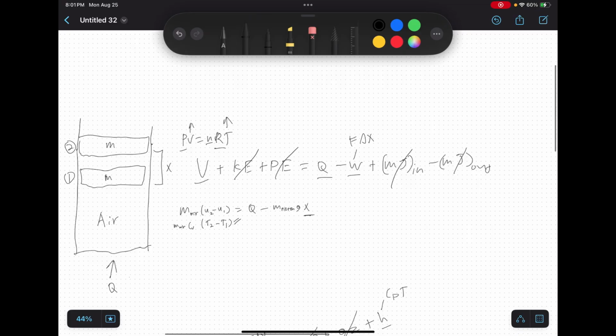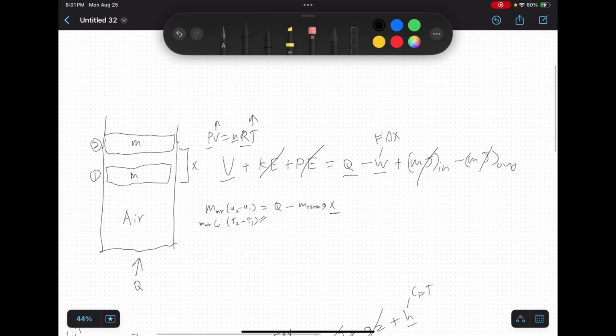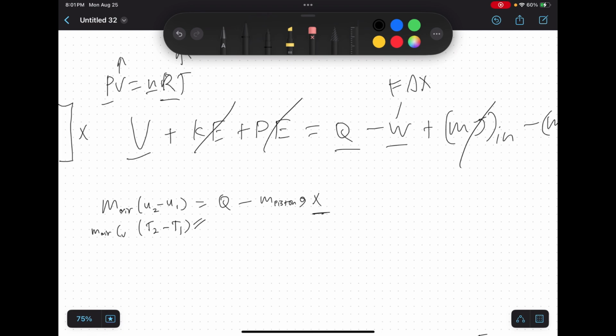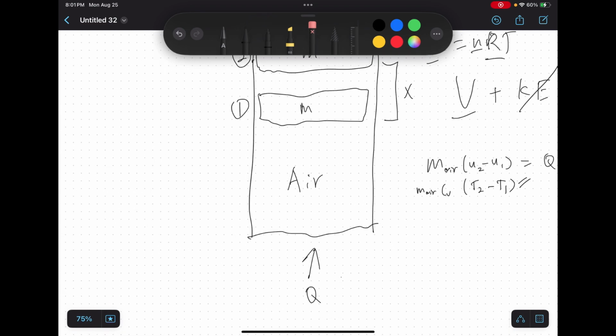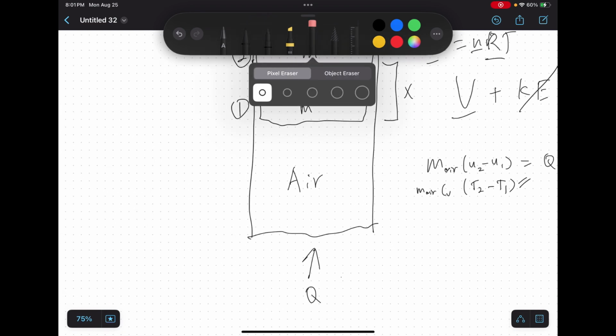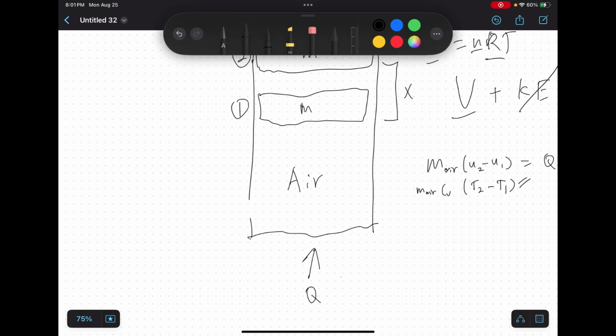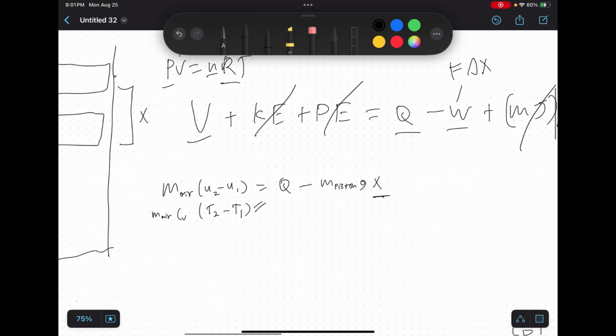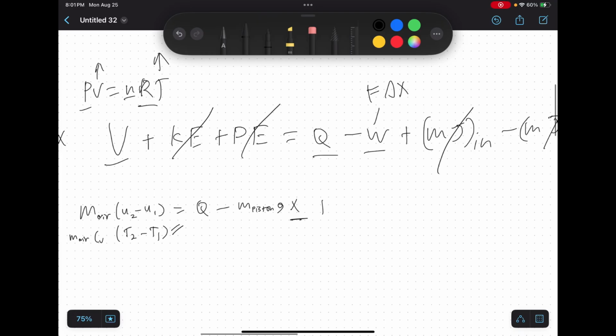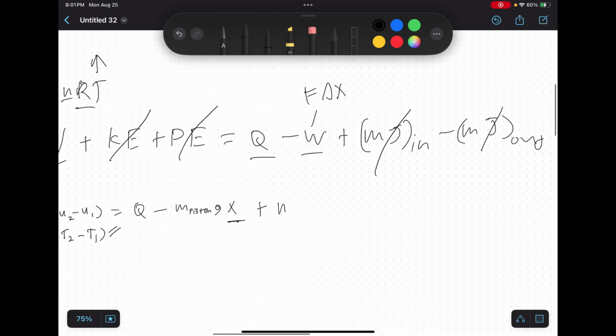And then, so I mentioned before, if you add air to the system, like let's say right there there's a pipe and you're adding air into the system, you would also add mJ, which like always boils down to mH.